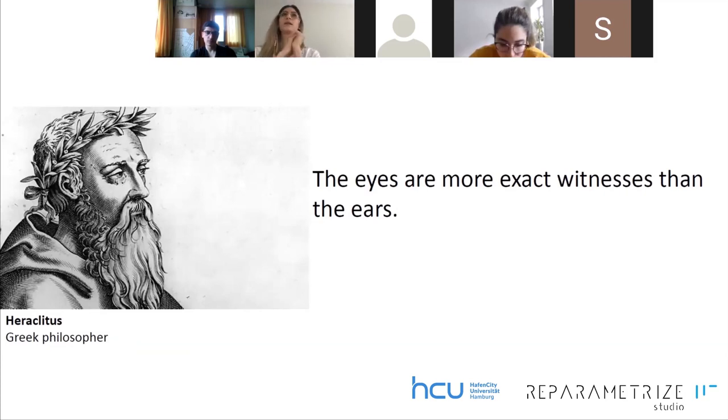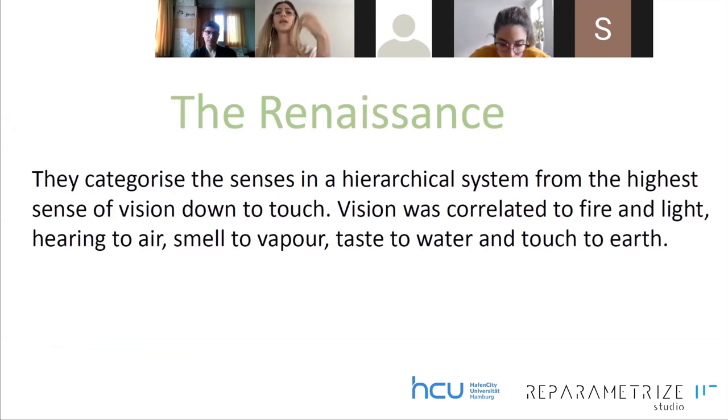So there was a movement in Greek times to appreciate vision more than the other senses. Then in the Renaissance they had the same appreciation, and categorized our senses in a hierarchical system where they put vision at the top of the pyramid and touch at the bottom.